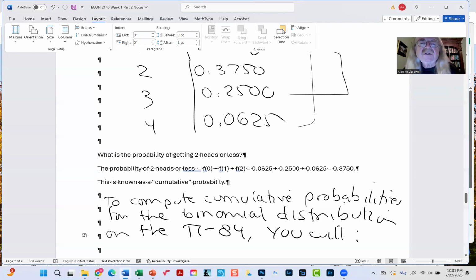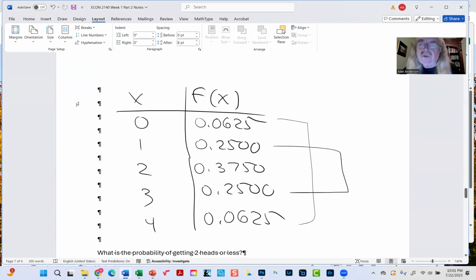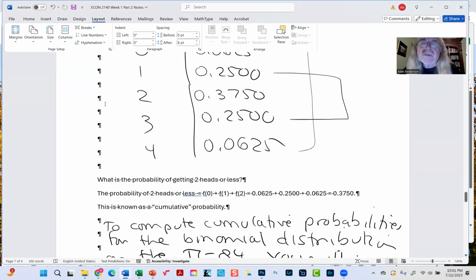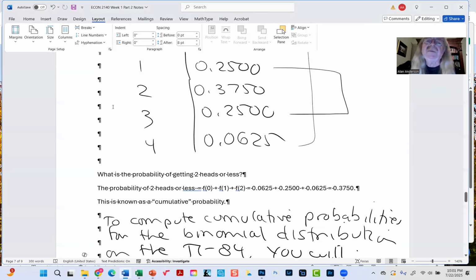So let us return to the example of this coin flipping experiment, and let's calculate the probability that X is less than or equal to 2.